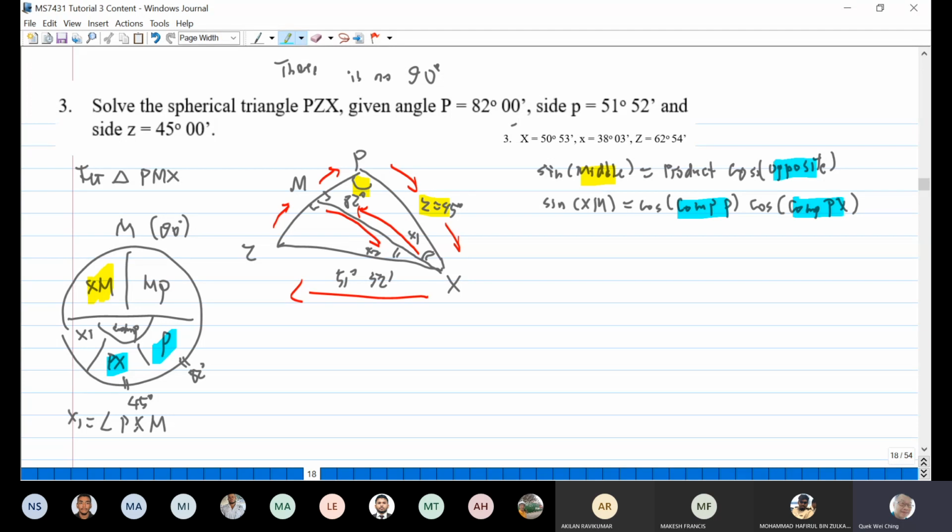Cosine com P, we know, is the same as sine P. Cosine com PX is the same as sine PX. Then you put down sine P is sine 82. What is sine PX? Sine PX is sine 45 degrees.